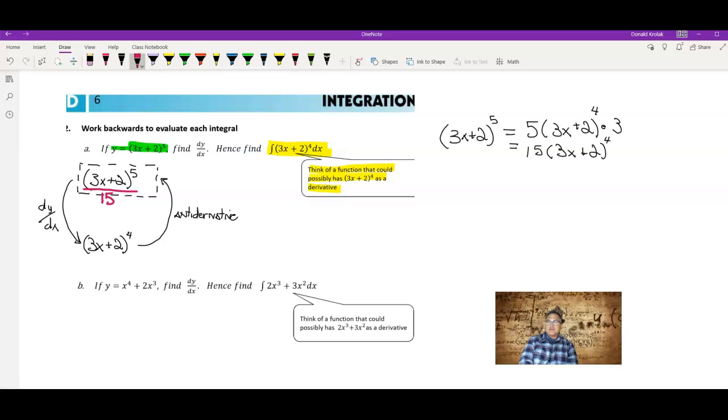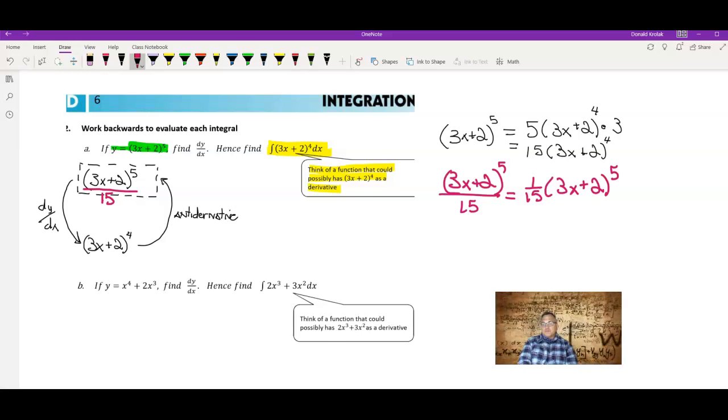So if this had started off like this, when I do the derivative of that, again, this is the same as 1/15th, so we don't have to use the quotient rule.